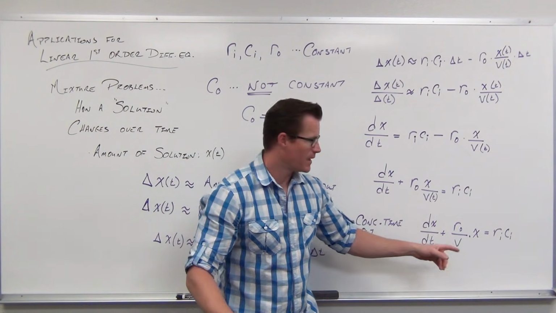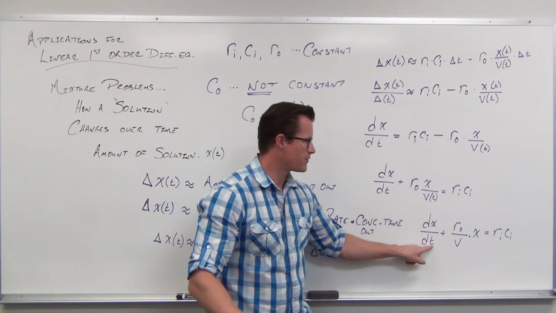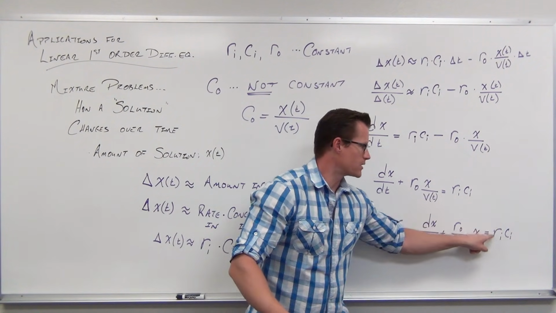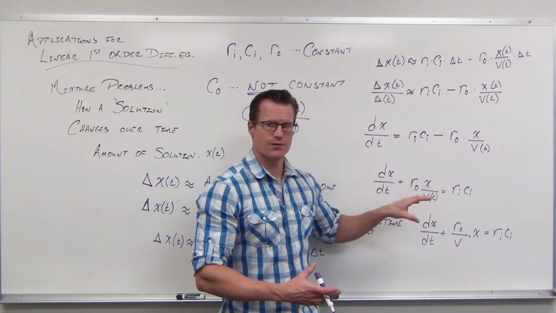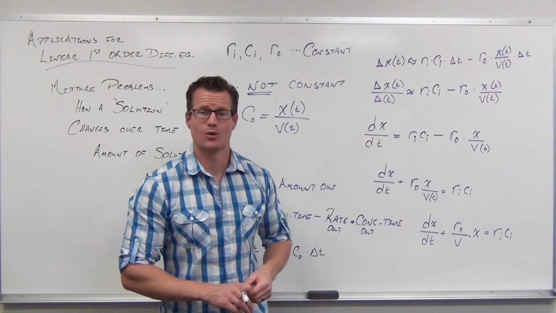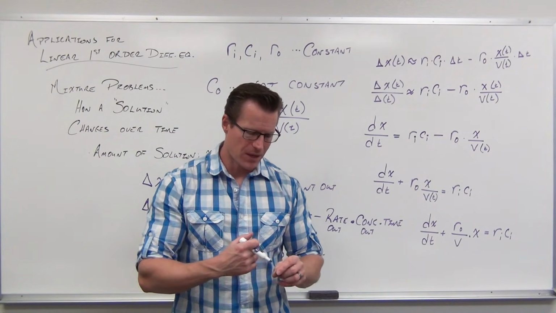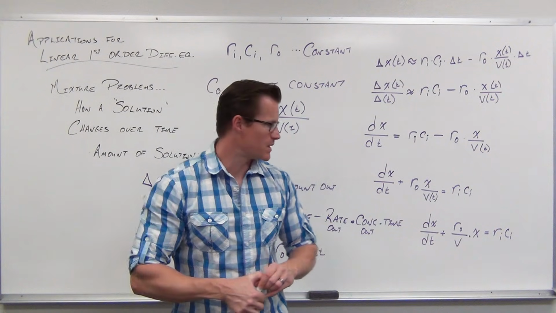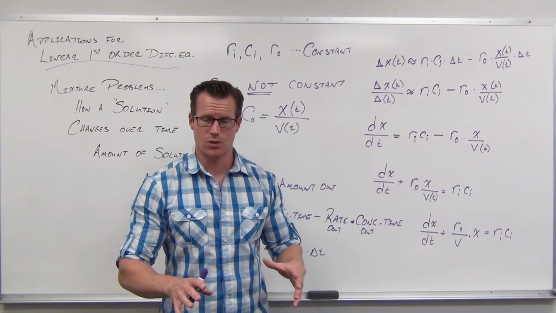What's in front of that? A function of t. A function of our independent variable equals functions that are constant. That's cool. This is a linear first order differential equation. We're going to use exactly the same techniques to solve it. My whole goal for this first part was just to get you familiar with the formula, because sometimes we're given that and you go, that looks like crap. I have no idea what's going on.